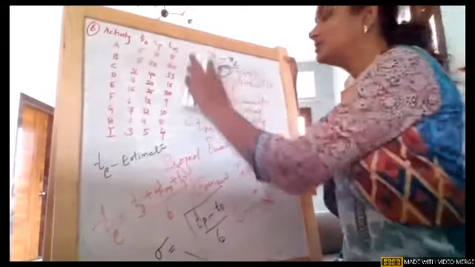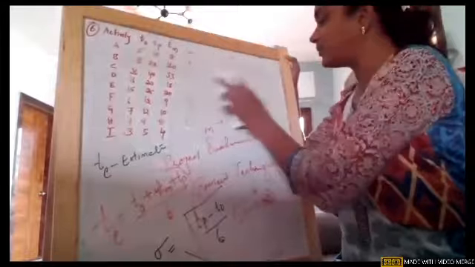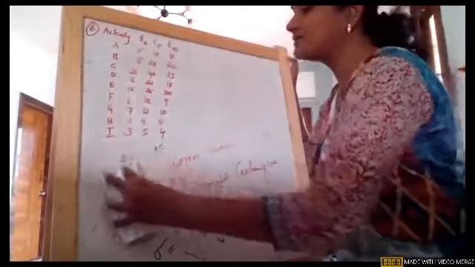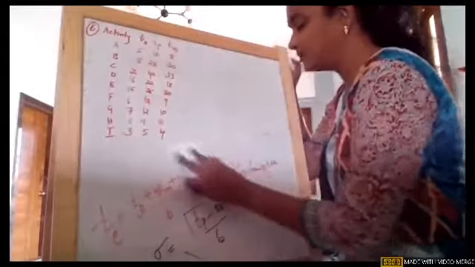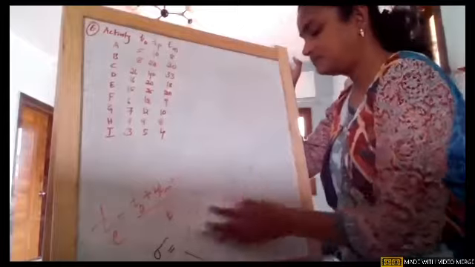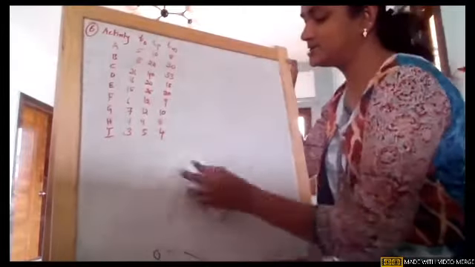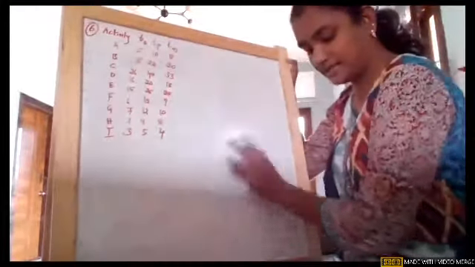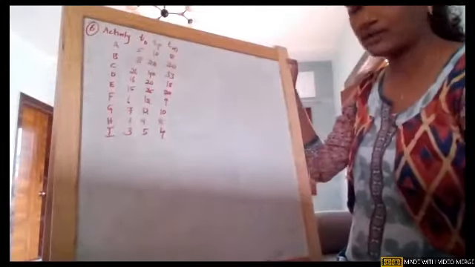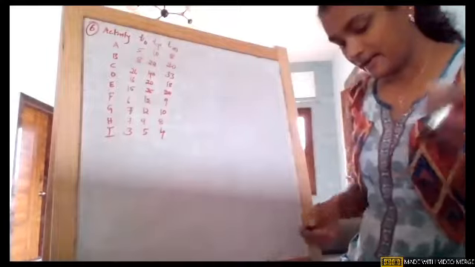Okay, so now let me start with the sixth problem. In the sixth problem, they gave us the activities. They also gave us the network directly. If you see the question, there is a network which is given to you. I'll write the activities also.